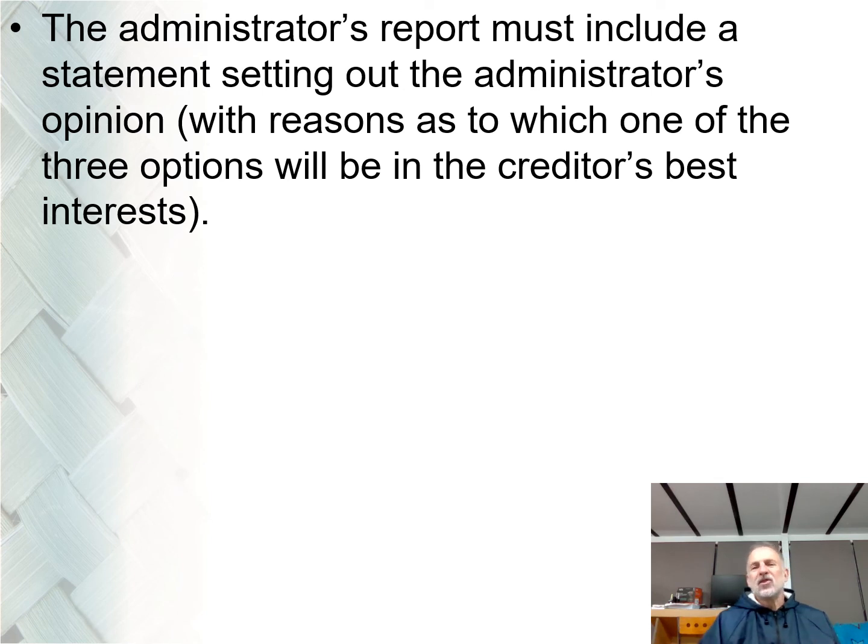The administrator's report must include a statement setting out the administrator's opinion. In other words, he must guide the group. He must make suggestions with reasons as to which one of the three options will be in the creditors' best interest. He must show them evidence and say, I think we should go for this option.